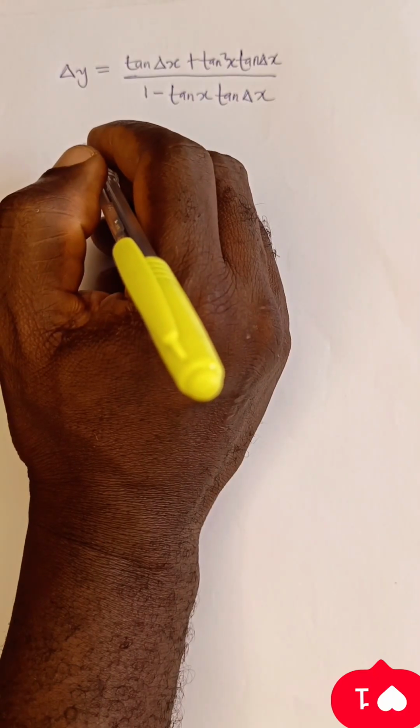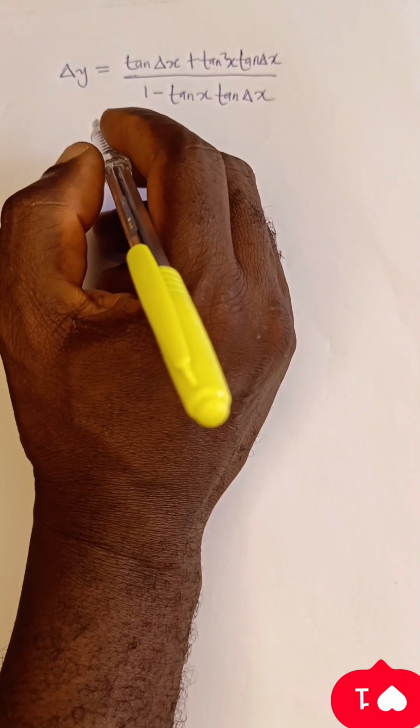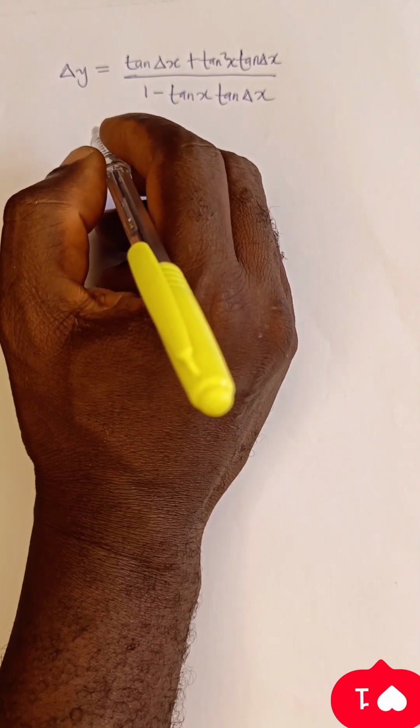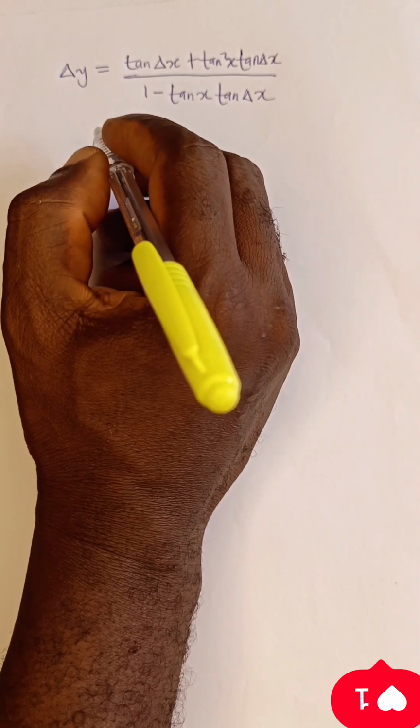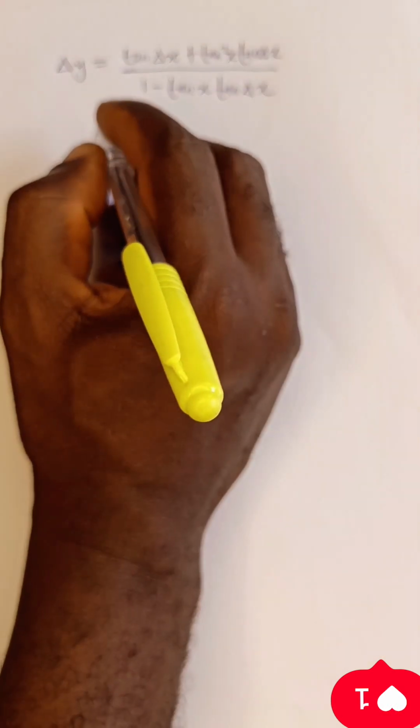Therefore, we are left with tan change in x plus tan square x tan change in x over 1 minus tan x tan change in x.